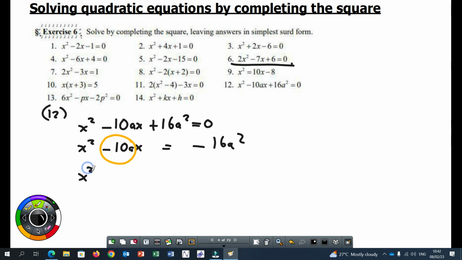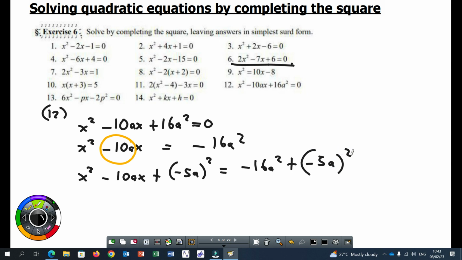So this means you can write this as x squared minus 10ax plus minus 5a squared, equal to minus 16a squared plus minus 5a squared. So this will give me x squared minus 10ax plus 25a squared.